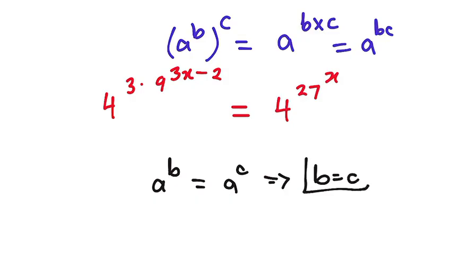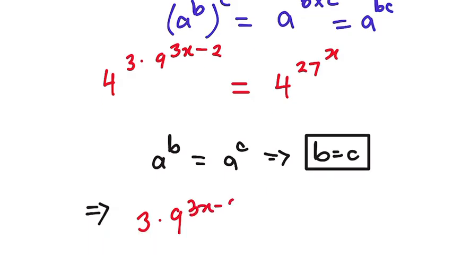We're going to have b equals c. So we equate the exponent, and that will be 3 multiplied by 9 to the power of 3x minus 2, then equals 27 to the power of x.